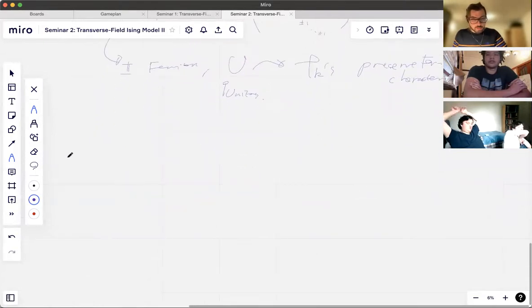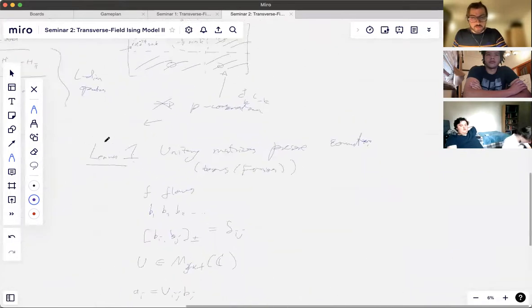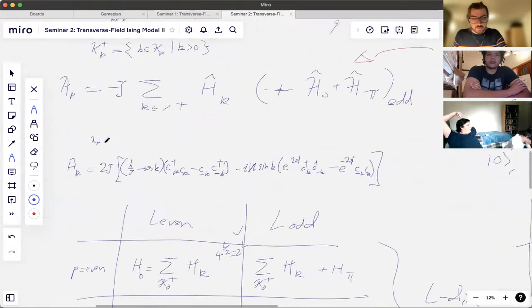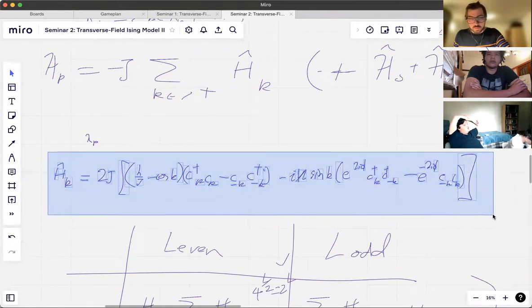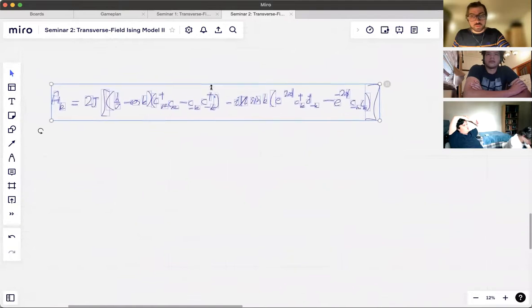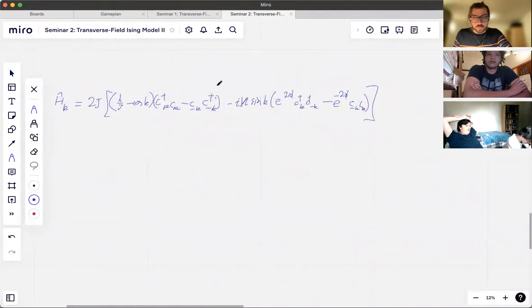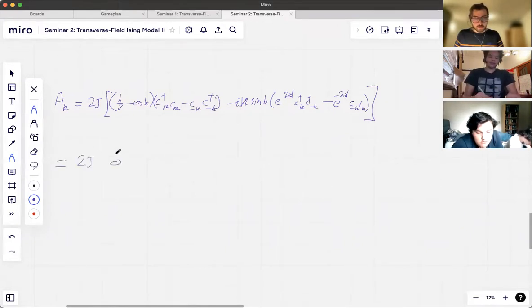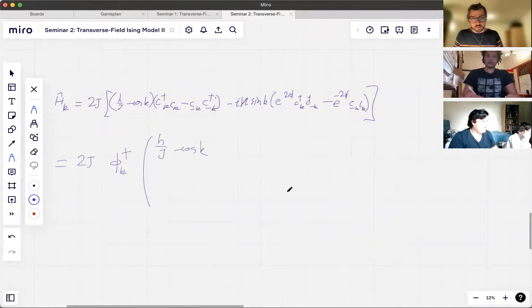So in other words, going back to H_k, if you look at the form of H_k and stare at it for long enough, you can convince yourself that you can re-express it as 2j times phi_k dagger, the matrix (h/j minus cos k, minus i kappa e^(-2i phi); i kappa e^(2i phi), minus h/j plus cos k), phi_k.